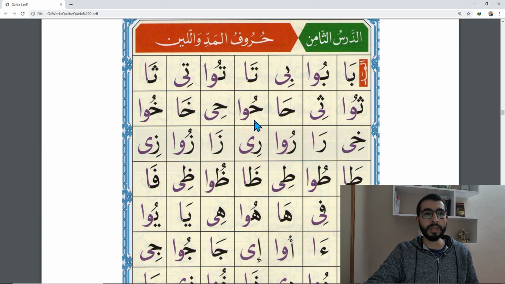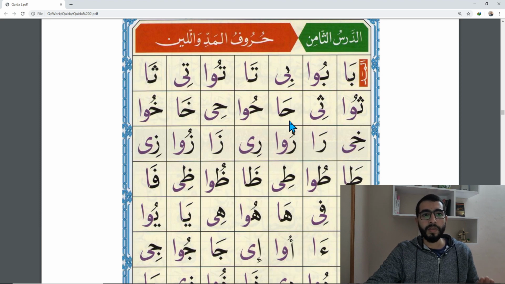Ha Hu Hi. So again, after any letter that has Damma, there is a Waw sukun after it. Why? To stretch Ha Damma, or any letter that has Damma. After any letter that has Kasra, you will find Ya sukun, to stretch it. And after any letter that has Fatha, like Ha Fatha, you will find Alif sukun, to stretch it also, to give it double the time of the normal haraka.